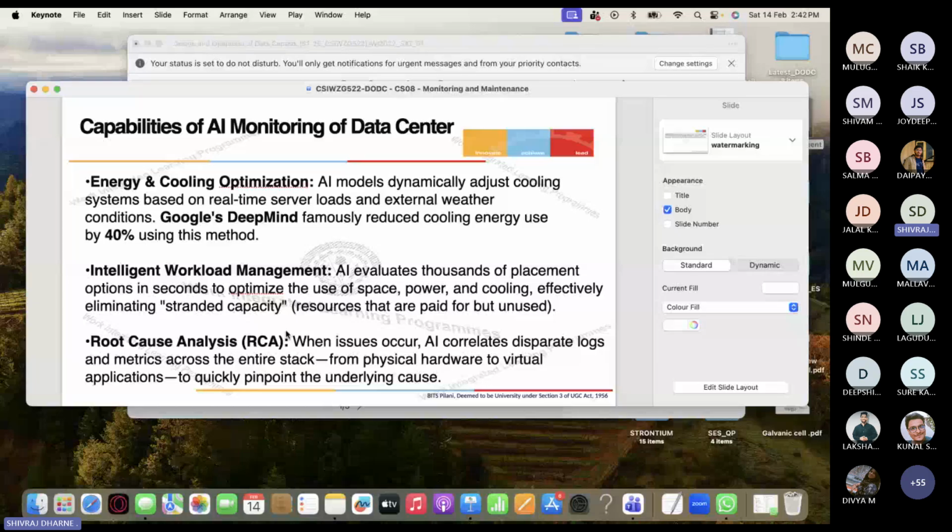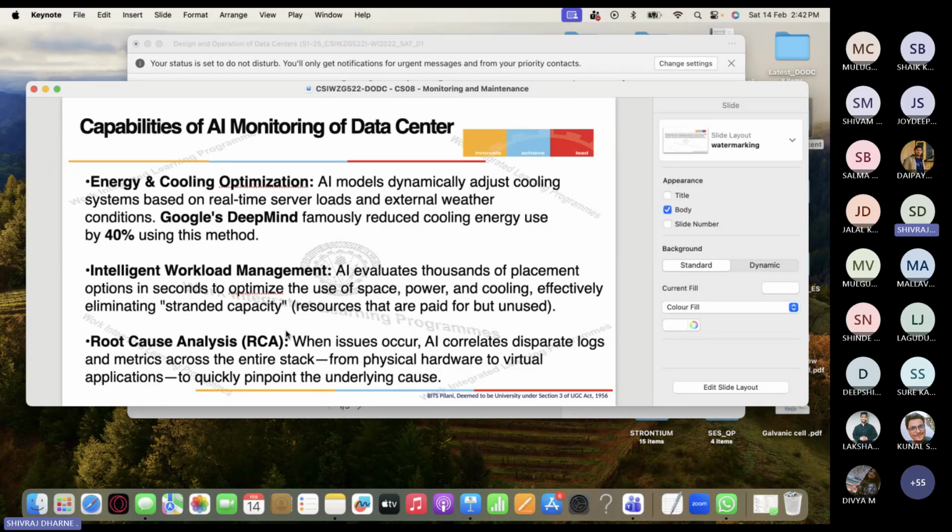There is another one like RCA. If you saw the diagram, there was one word, RCA. What is RCA? Root cause analysis. So when an issue occurs, AI will correlate the log files or any metrics they may have across the entire stack, from physical hardware to virtual applications, and it will quickly pinpoint the main cause of the issue and what fix you need to do.